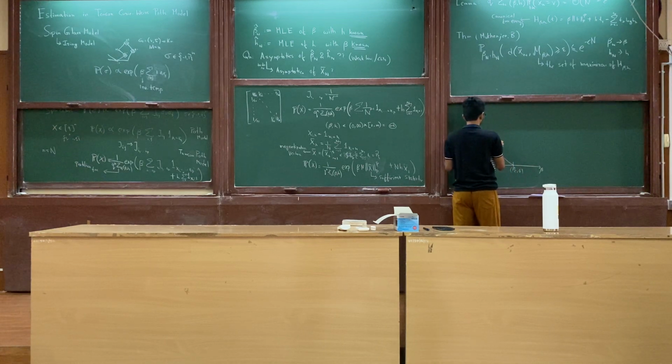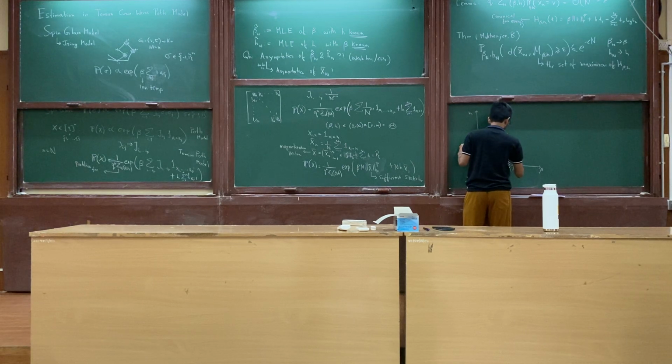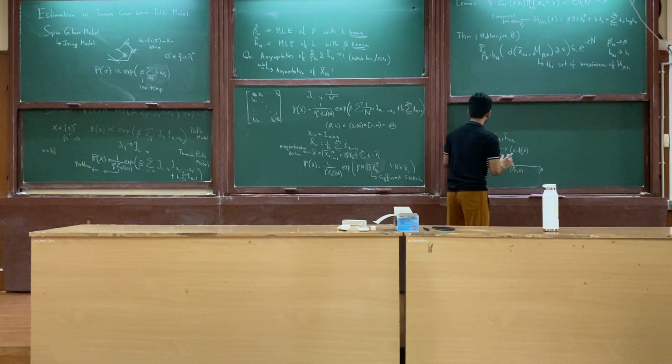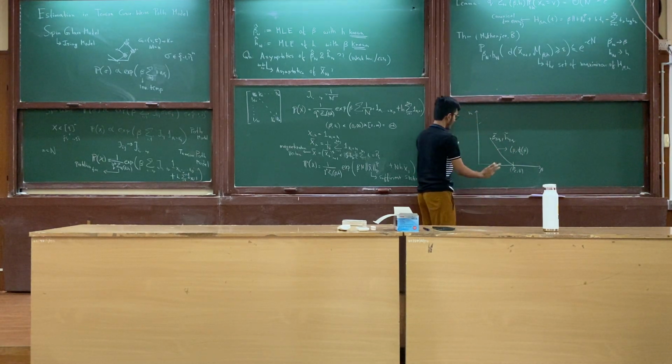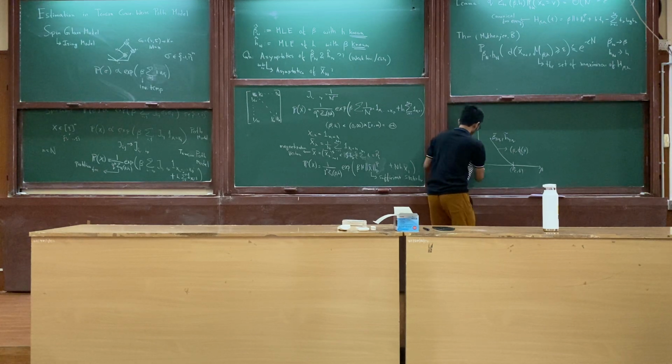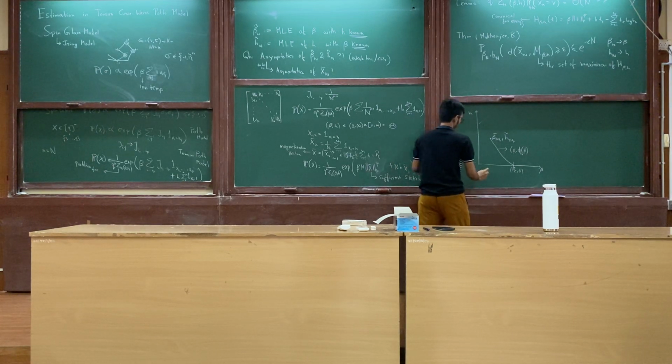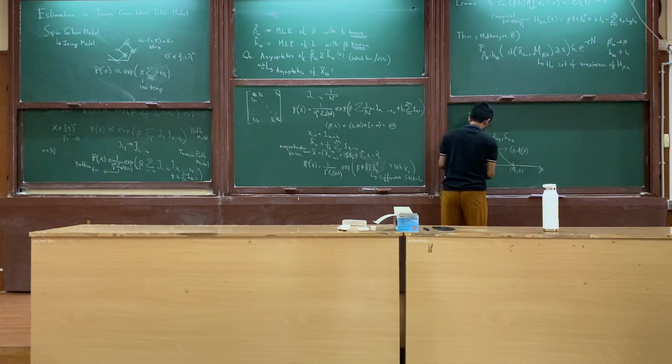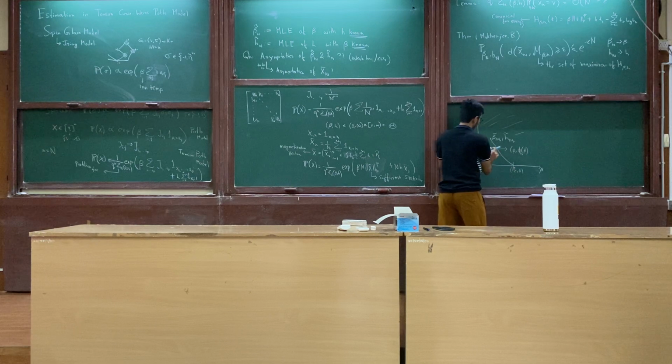I'll name this beta pq tilde, h pq tilde, and this is a continuous curve, and this is beta comma phi of beta pq. Okay, so what does this mean? So this is our parameter space. So h is from 0 closed to infinity, and beta is from 0 open to infinity.